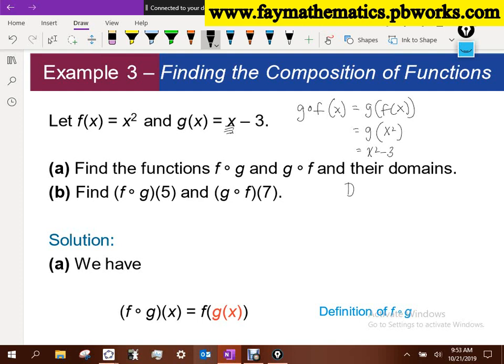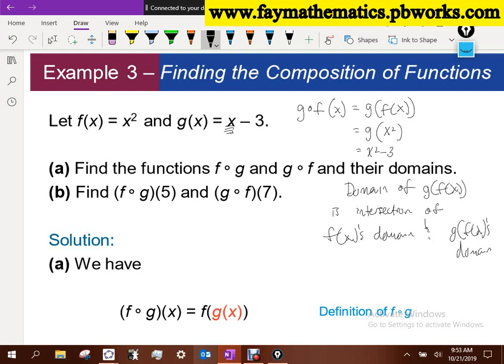Now, the domain of g of f of x is the intersection of f of x's domain and g of f of x's domain.